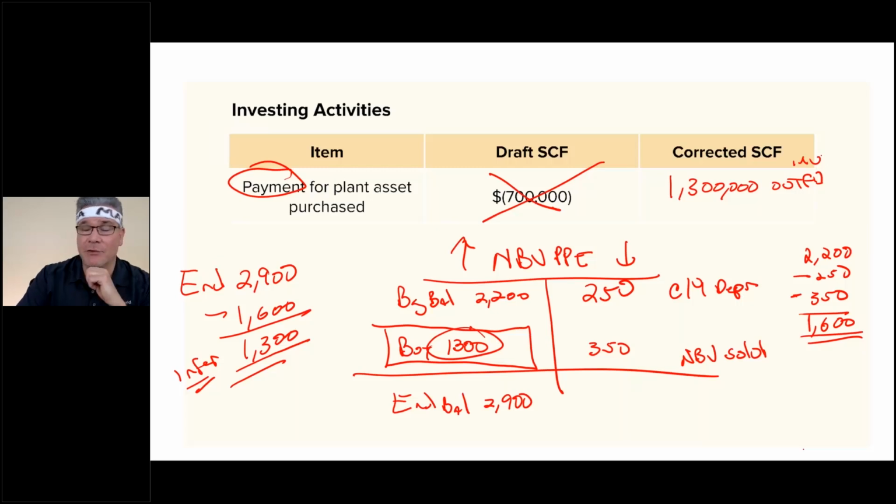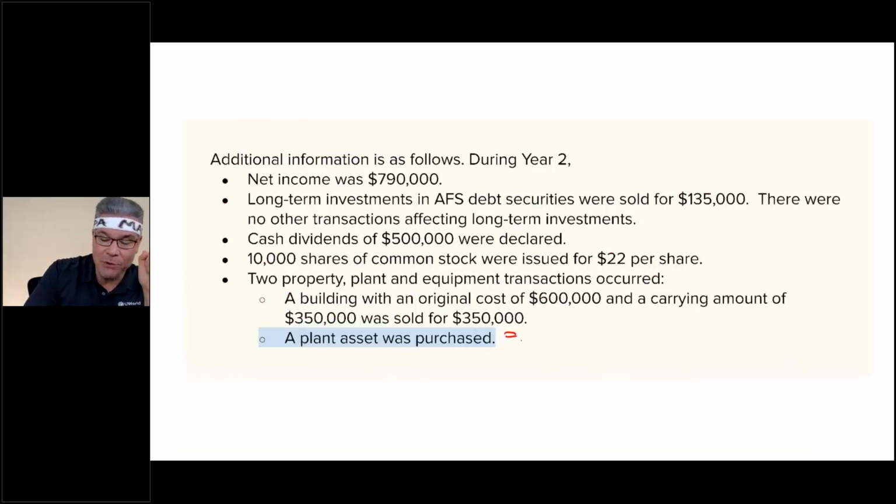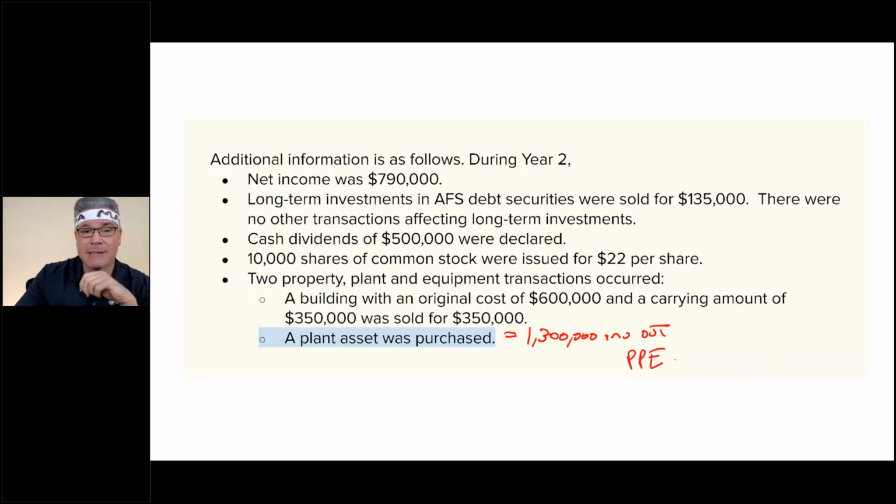They had it as $700,000. Nope. That should be $1.3 million. That is the wrong number. All righty. Beautiful, beautiful. So the plant asset was purchased, $1.3 million. Investing outflow. And how did we get that? Our PP&E T account. Okay, our PP&E T account.